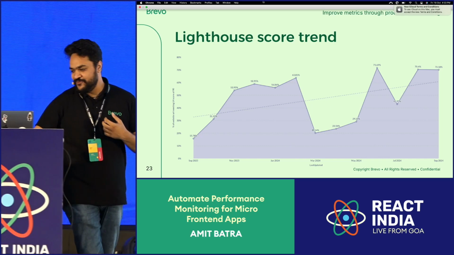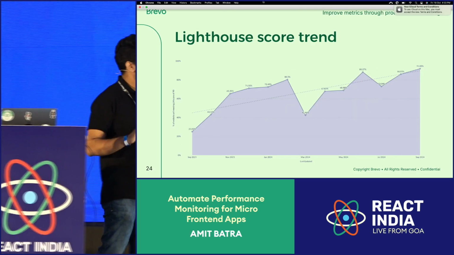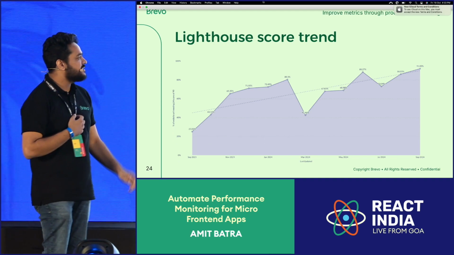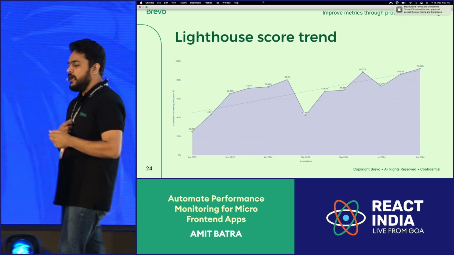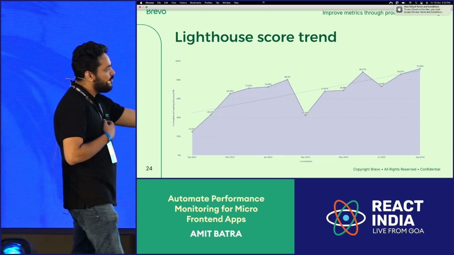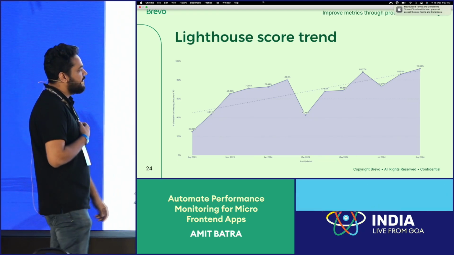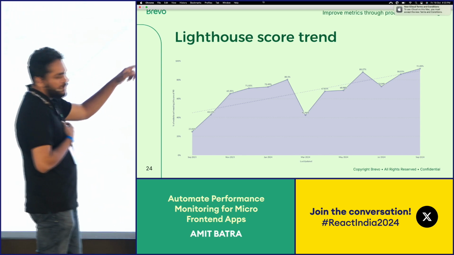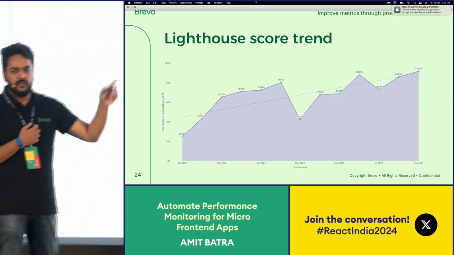So here's the reflection of our URLs that are meeting the Lighthouse score of 88. It's around 91%. And the drop that you see over here helps us identify that something went wrong in the whole micro front-end environment.